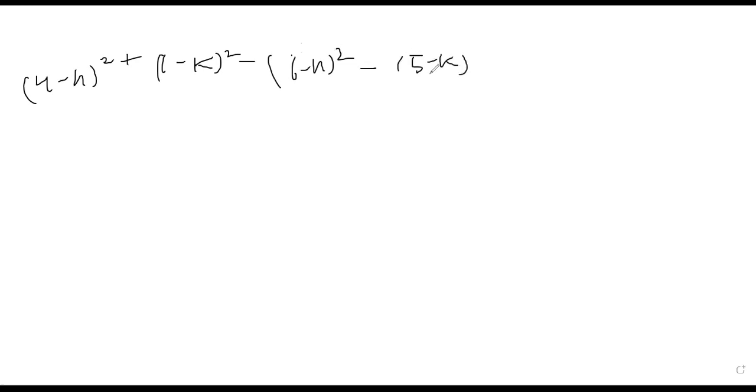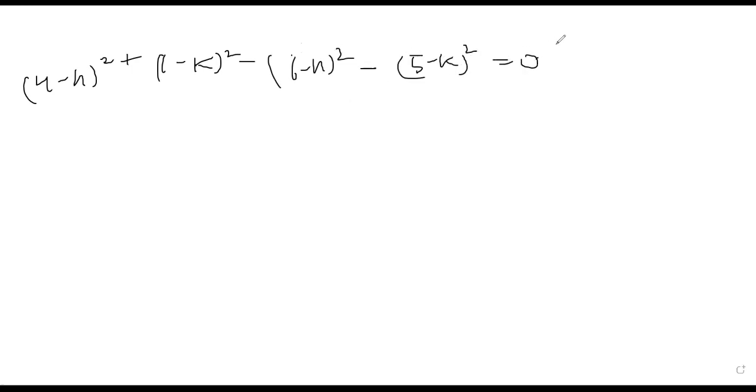Okay. So what we got: 4 minus h whole square plus 1 minus k whole square, minus 6 minus h whole square, minus 5 minus k whole square equals 0.